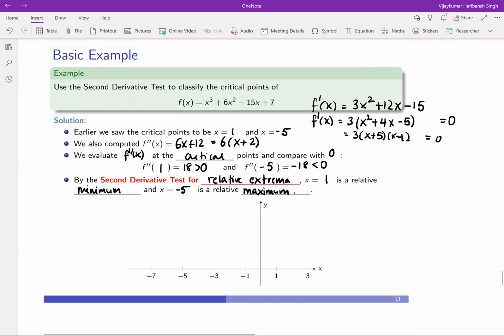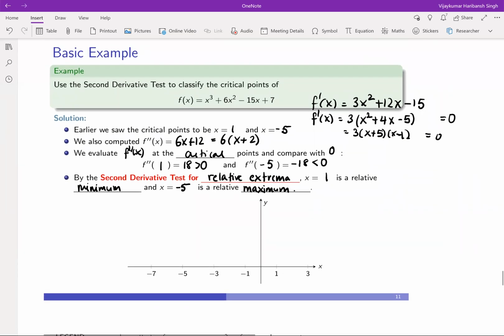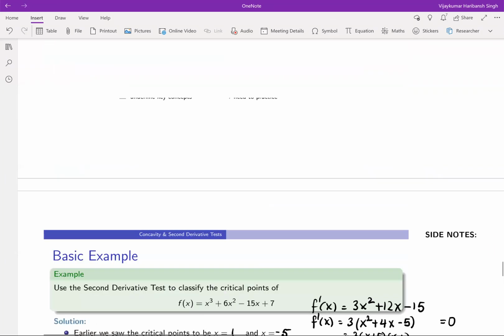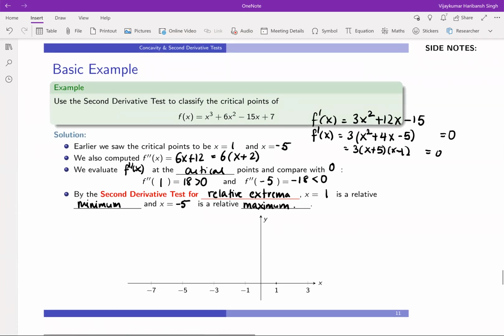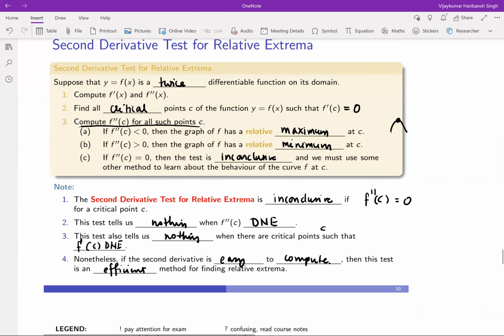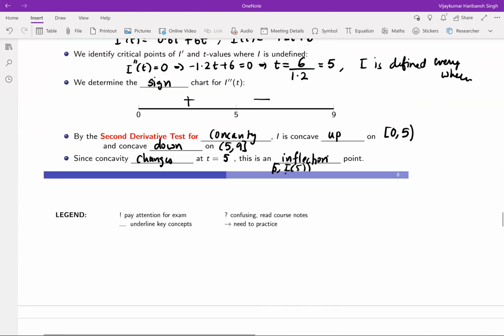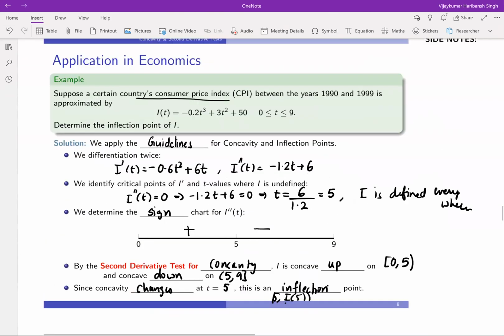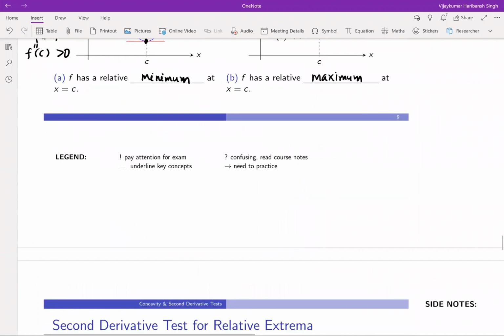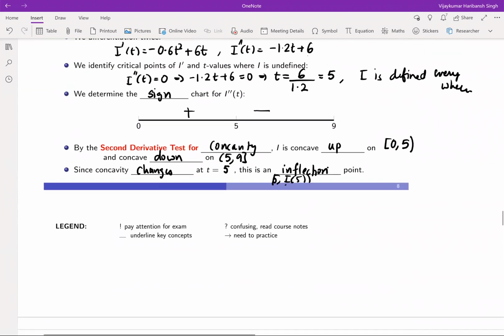In fact, you'll notice the shape more or less looks like this. We'll later on see how to sketch the graph of the function, but the shape of the graph is somewhat like this. At 1, we have a relative minimum, it's concave up like that. And then the concavity changes at what point? We already have done this problem earlier. So the concavity changes somewhere here at minus 5.